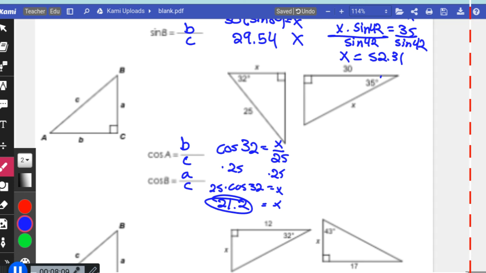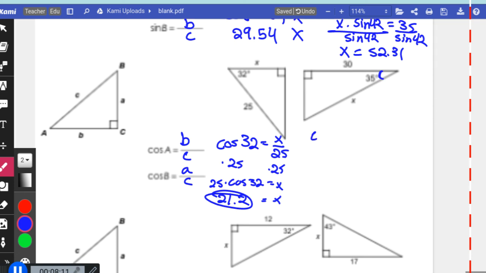Okay, let's set up this next one. Our angle here is 35. Cosine of the angle equals adjacent over hypotenuse. With the x on the bottom, this is the one that takes more time. So I'm going to multiply by x, and then I have to divide by cosine 35.